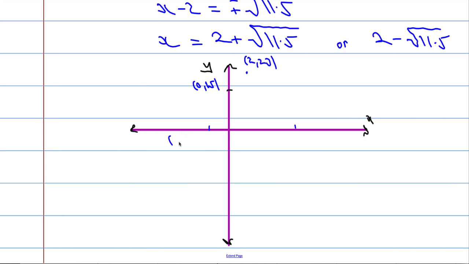When x is 2 minus root 11.5, y will be 0, and when x is 2 plus root 11.5, y will be 0. And then if we were to sketch it, try and make it look like an N, something like this, and it'll come down like that.